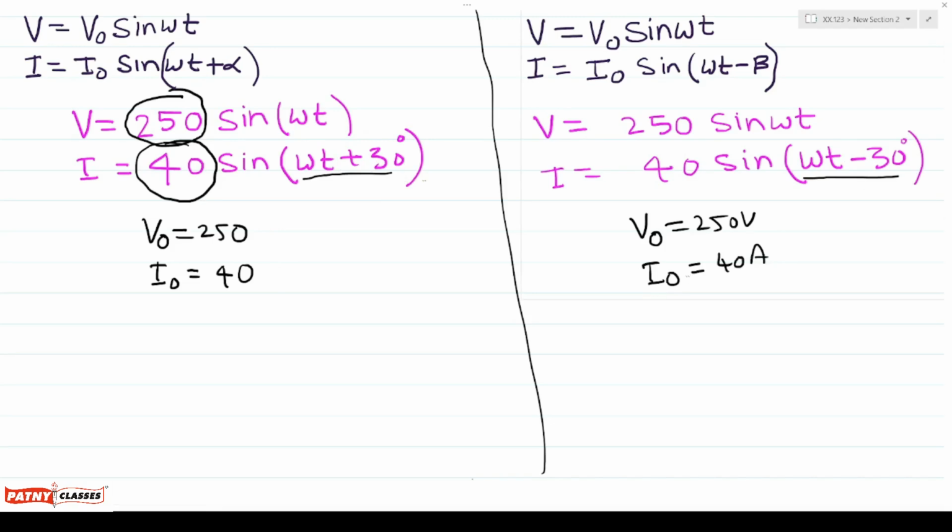What exactly is the difference between these two equations? Because at one place it is omega t plus 30, at another place omega t minus 30. One thing is clear, that both the equations are not the same. To understand this variation, this difference, let us first study these three waveform diagrams.